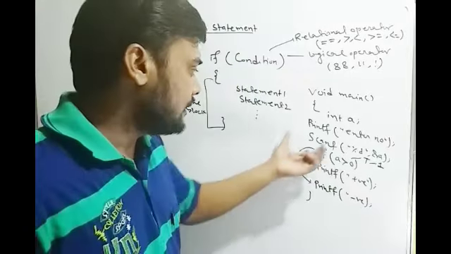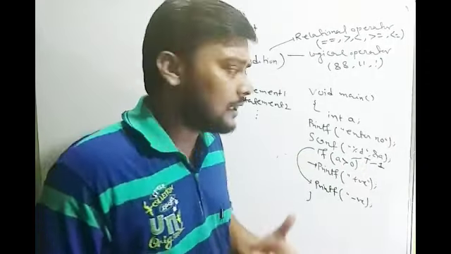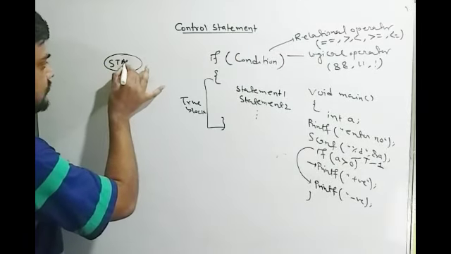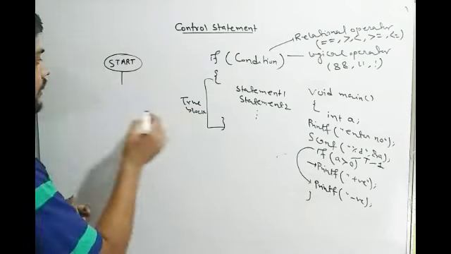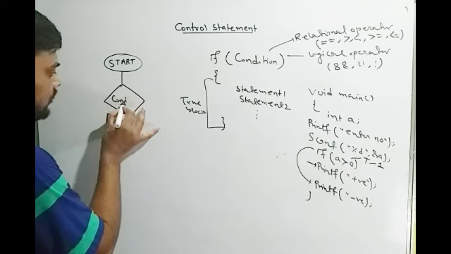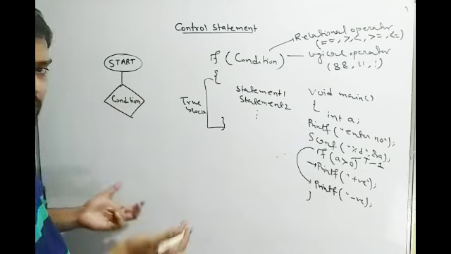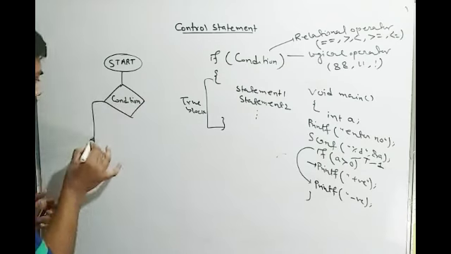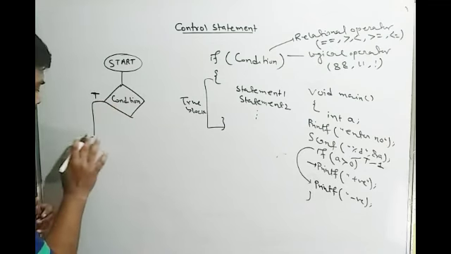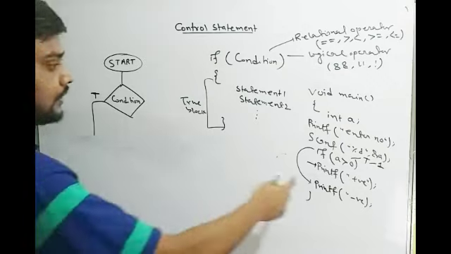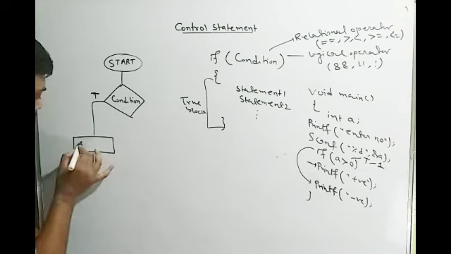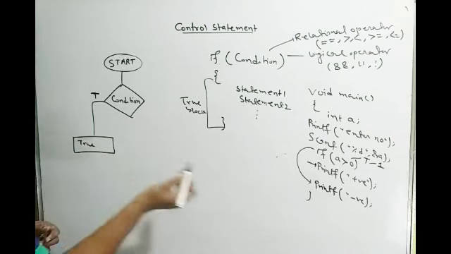If we understand that concept using the flowchart, it will be like this: that is the start, and then there is some condition, like positive, that means greater than 0, or whatever condition you put. If the condition is true, then there is a printf statement, that means the true block will be executed.